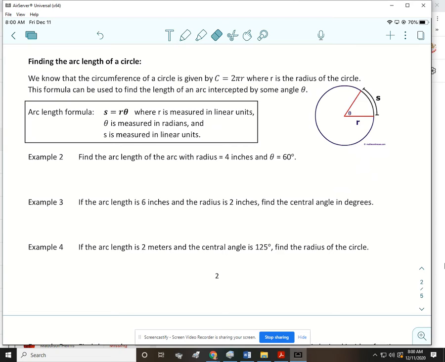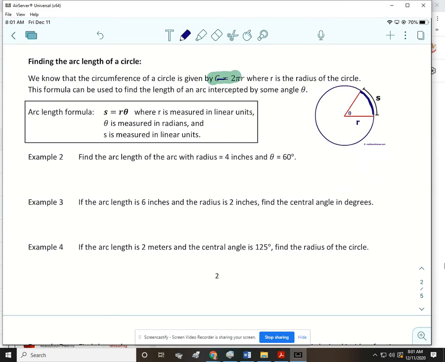So we all know to find the circumference of a circle, the distance around a circle, you use this formula. But we don't want the distance all the way around the circle. We just want a partial distance, a sector distance. So this distance right here. So it's kind of the same formula.